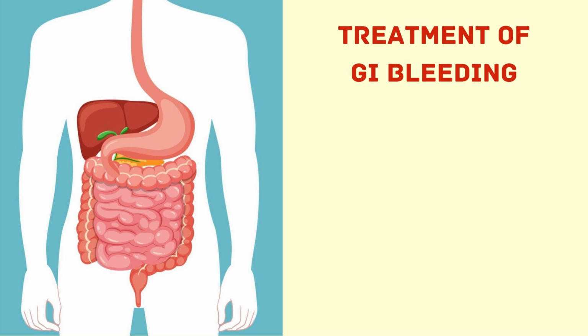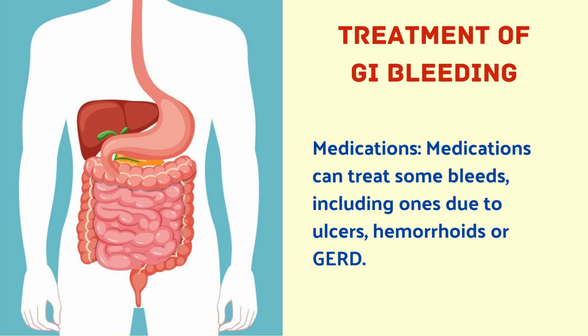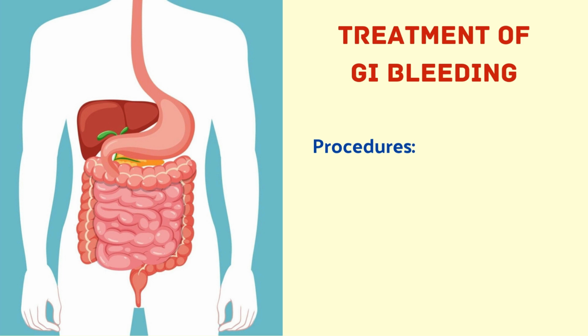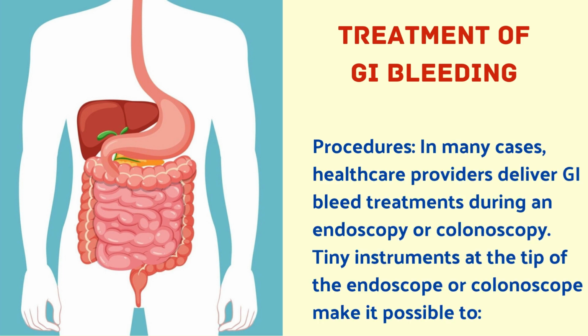Now let us discuss the treatment of GI bleeding. Medications: medications can treat some bleeds, including ones due to ulcers, hemorrhoids, or GERD. Medications will be given to reduce levels of stomach acid, help your blood clot, and relieve swelling. Procedures: in many cases, healthcare providers deliver GI bleed treatments during an endoscopy or colonoscopy.